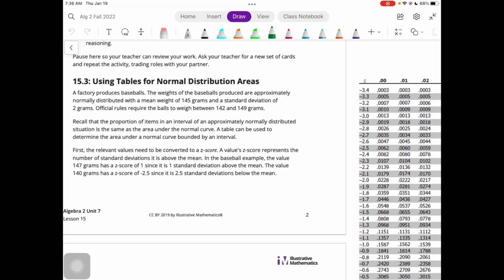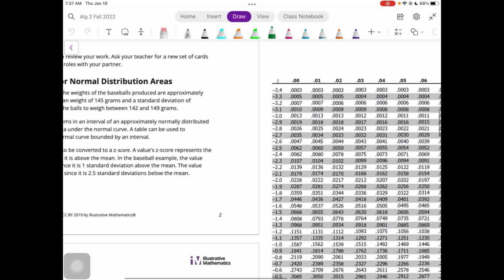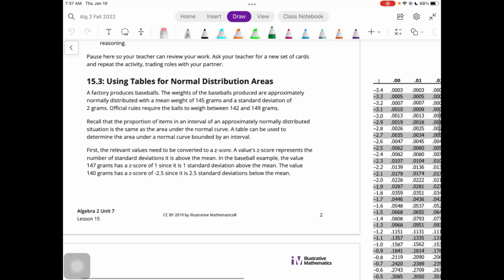Official rules require the balls to weigh between 142 and 149 grams. Recall that the proportion of items in an interval of an approximately normally distributed situation is the same as the area under the normal curve. So we have this table of z-scores that can be used to determine the area under a normal curve bounded by an interval. You can use this when you don't have technology to help you find it.